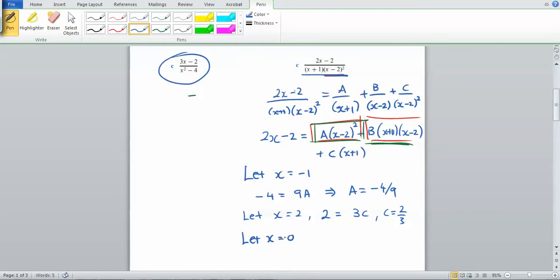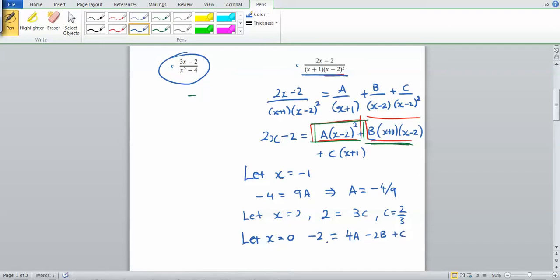We still have to find B. If we let x equal minus 1, we're not going to be able to find B. If we let x equal 2, we're not going to be able to find B. So let x equal 0, which means on the left-hand side we've got minus 2, is equal to negative 2 squared, which is 4, so that's 4A, plus 1 times negative 2, so minus 2B, and plus C.